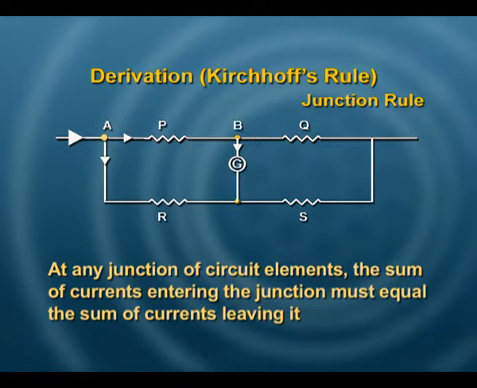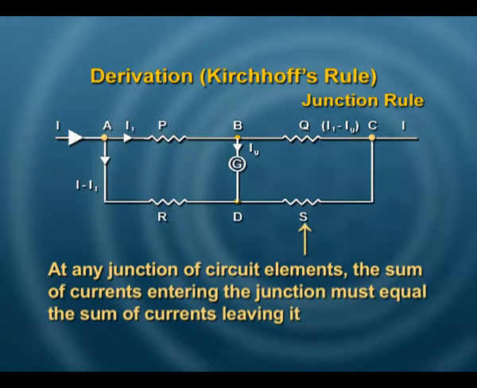A, B, C and D, and let us see if this happens. If I is the current entering A and say I 1 goes through P, then from our rule the current in this section will be I minus I 1. At junction B, this current I 1 would divide to flow through the galvanometer, say this value is I g, and through Q it would be I 1 minus I g.